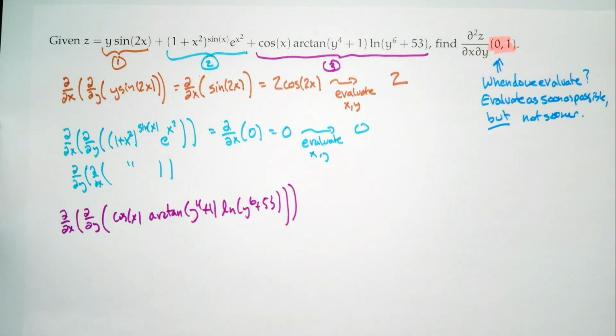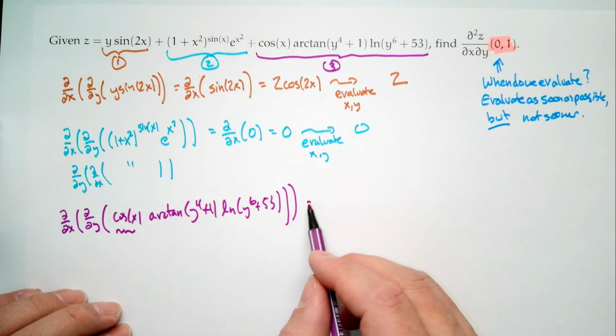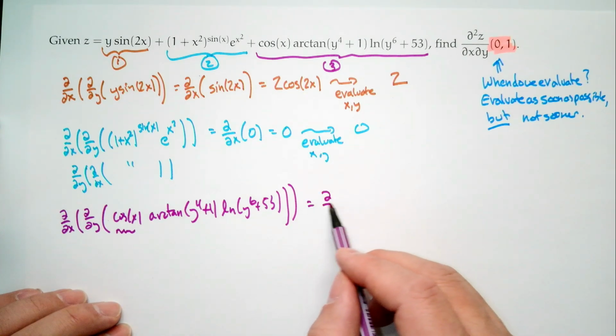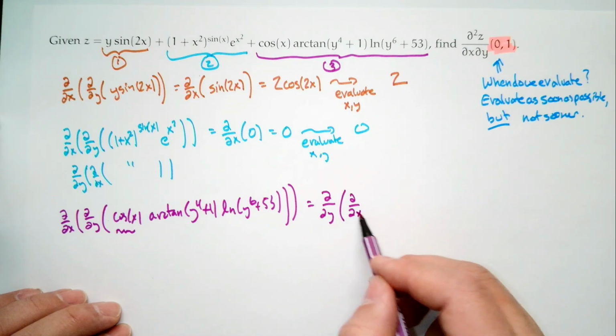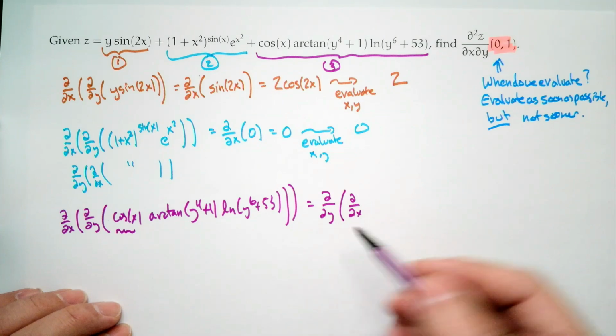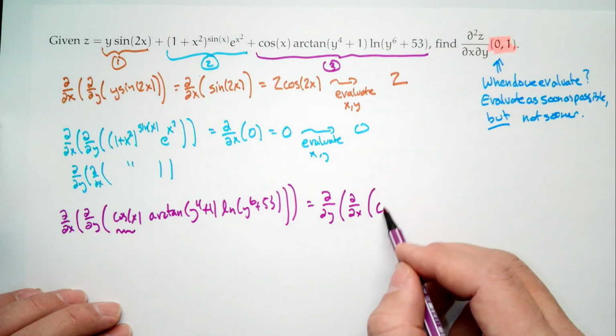But what can we do? Taking the derivative with respect to x is not too bad. Now, it's not 0 because there's still an x term left, but at least it's easier. So we can say, all right, let's take the derivative first with respect to x, and then the derivative with respect to y. So remember, we go in sort of the opposite direction: first with respect to x, then with respect to y.